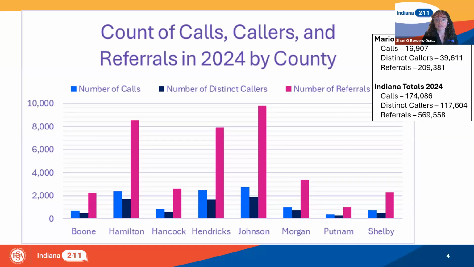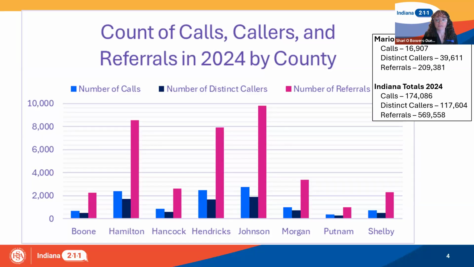So of these 9 counties here, Marion County by far had the greatest number of calls, distinct callers, and referrals, with over 209,000 referrals in 2024, followed by Johnson County with almost 10,000 referrals, Hamilton County with almost 8,500 referrals, and Hendricks County with just under 8,000 referrals.